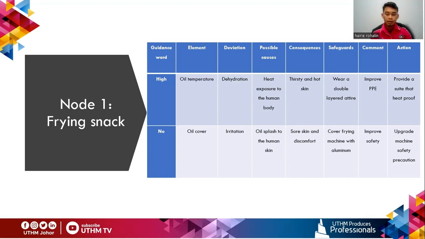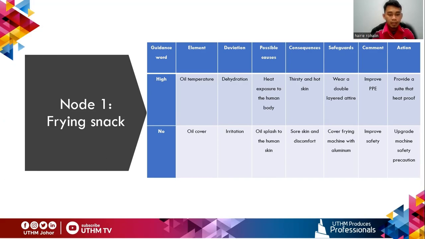For hazard one, which is note one, fry snack. The element of this hazard is high oil temperature and no oil cover. Possible causes are heat exposure to the human body and oil splash to the human skin.